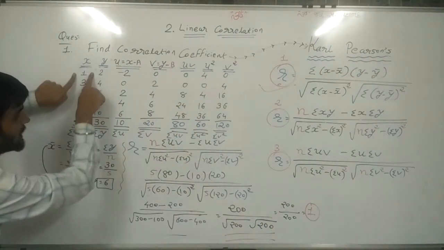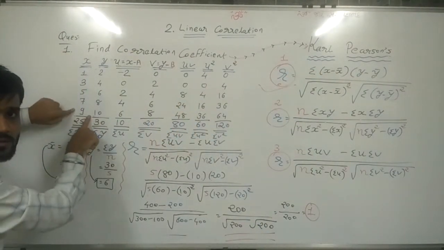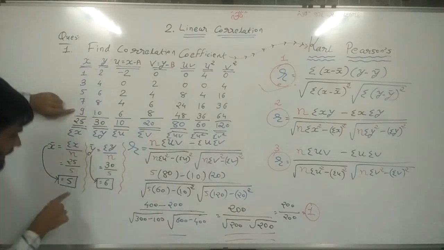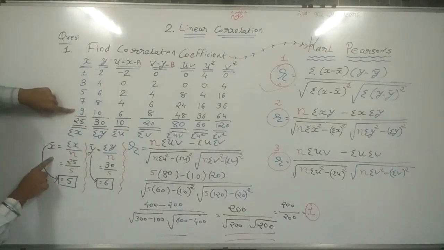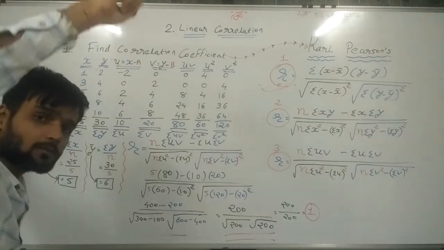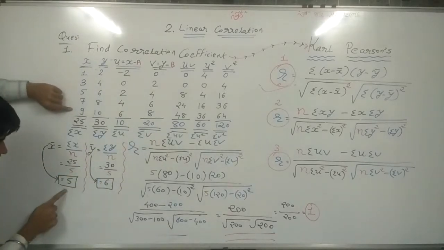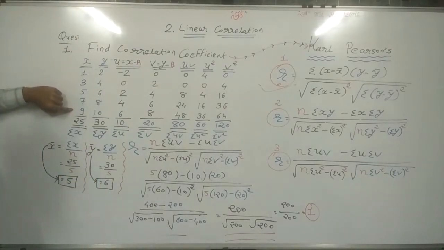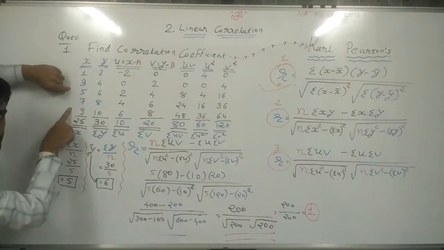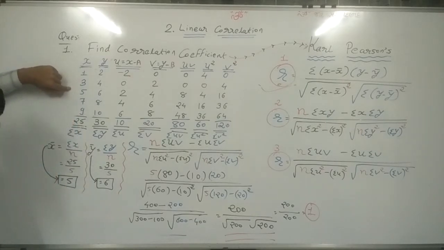From all the values of x, I deducted x bar. X bar is 5 in the first sum, so 5 was deducted from all the values of x.